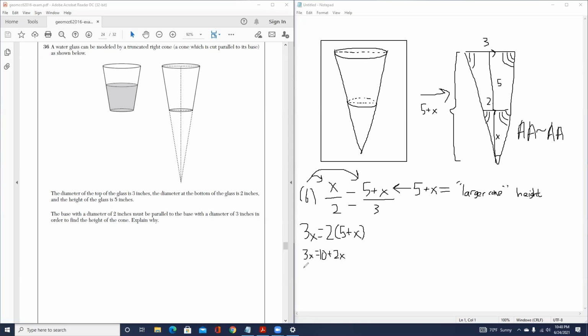Subtract 2x from both sides, and you get that x equals 10. X plus 5, therefore, equals 15.